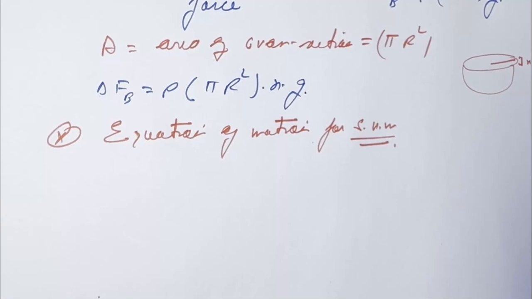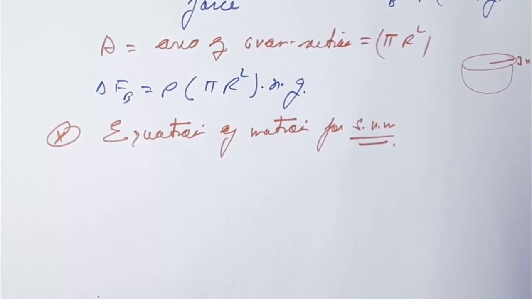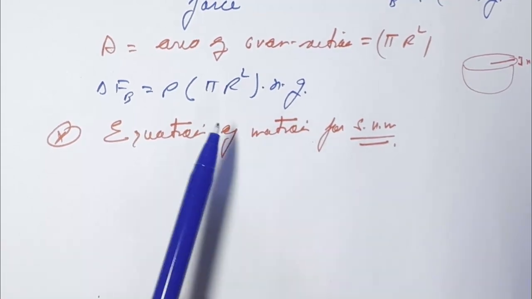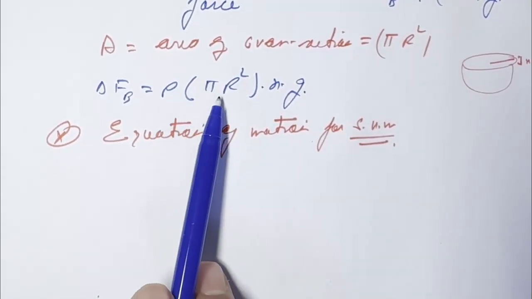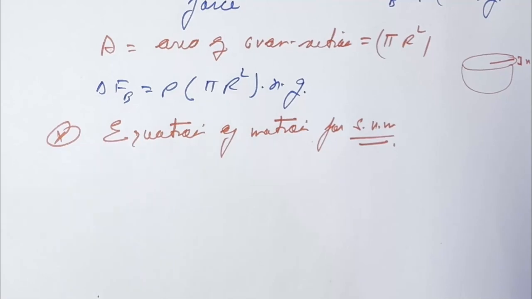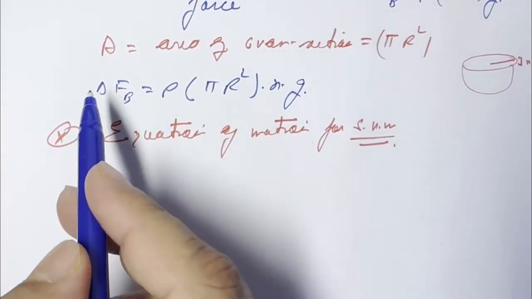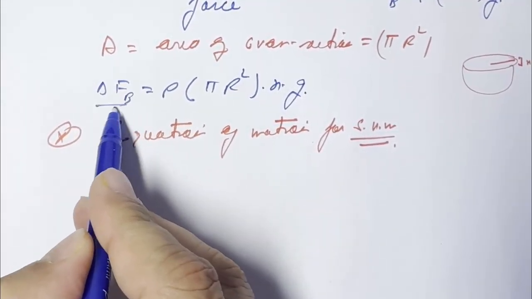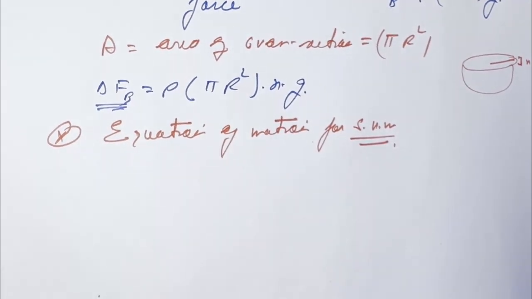So net restoring force on the sphere when it is displaced by x, let us suppose, is given as F restoring, and that will be equal to density of the liquid multiplied by the area, x, as well as g, but in the opposite direction, because the restoring force will be provided by this change in the buoyant force.